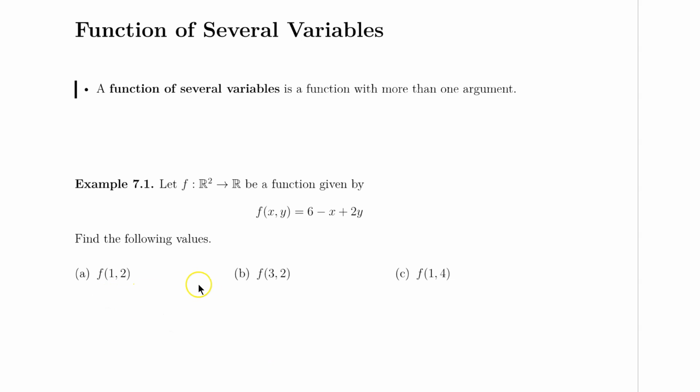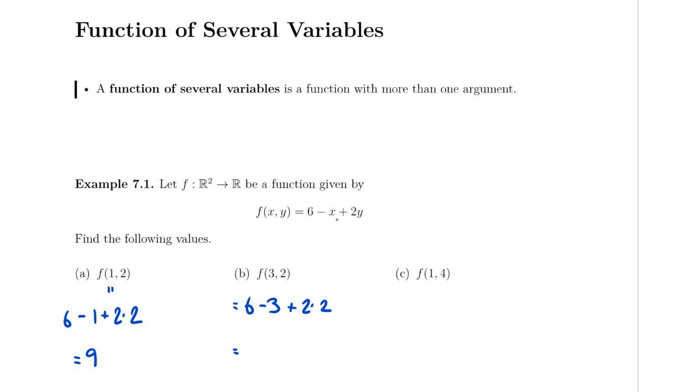So if I want to compute the value of this, I can just plug in 1 for x and 2 for y. So f of (1, 2) is going to be 6 minus 1 plus 2 times 2, and that is going to be 9. For f of (3, 2), that is going to be 6 minus 3 plus 2 times 2.